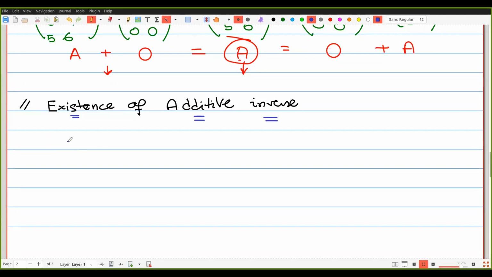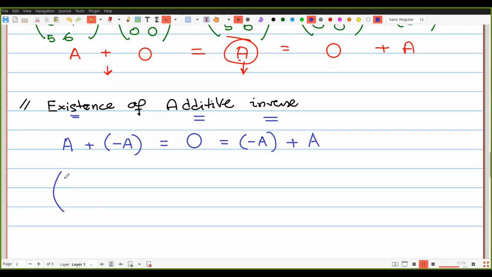The property is A plus, that means the operation matrix addition with A, the inverse matrix of that particular matrix, we are getting the result, that one is the null matrix. Or if the inverse matrix is on the left hand side of the matrix addition operation and on the right hand side A, we are getting the same result.